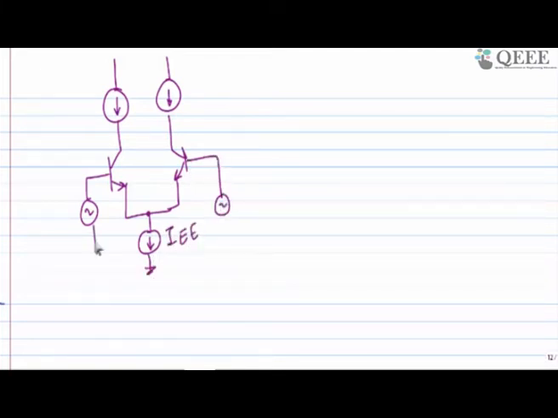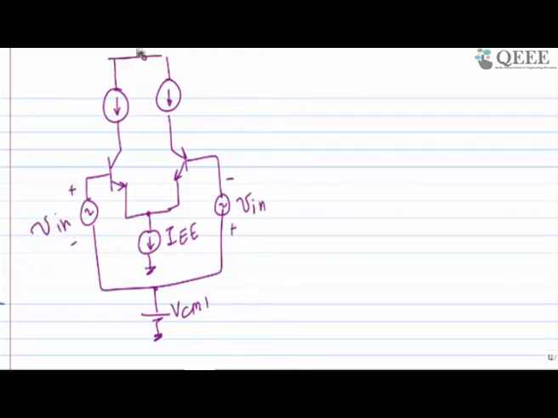This is VCMI, its input voltage, this is Vin minus plus, this is Vin plus minus, this is VCC, and let's assume this is I0, and I'm taking the output from here. My agenda is to find the gain of this circuit.